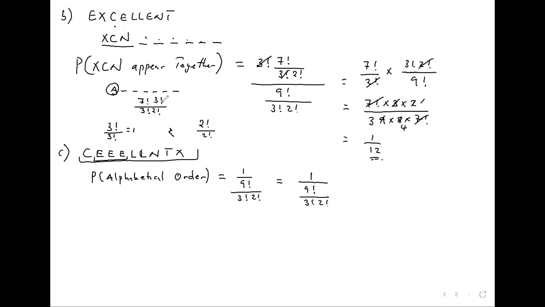It can affect the 3 factorial times in the multiplication way, so that this becomes that numerator there over the total possibility, which is 9 factorial over 3 factorial, 2 factorial.